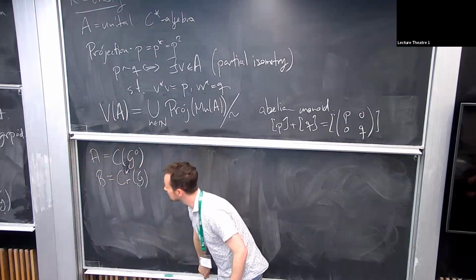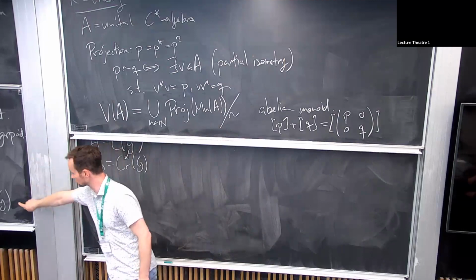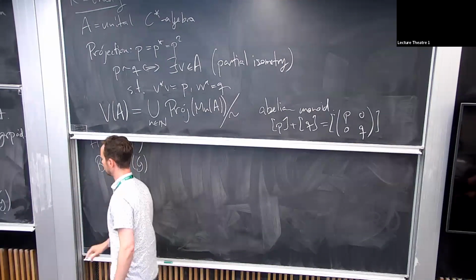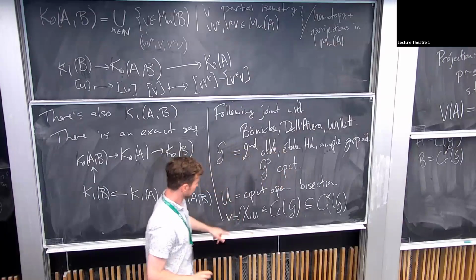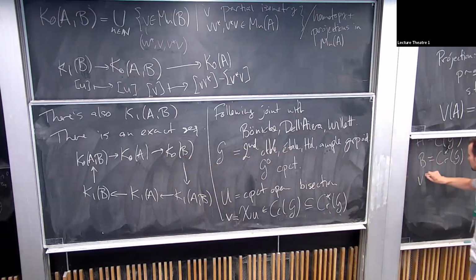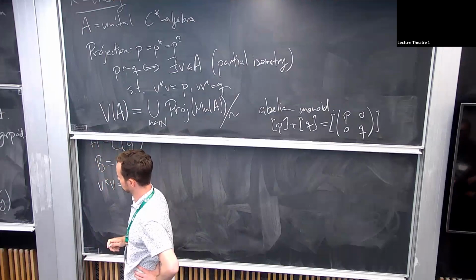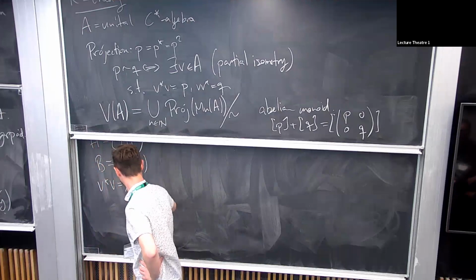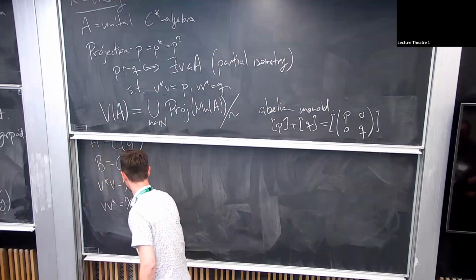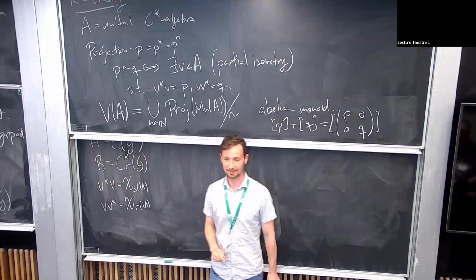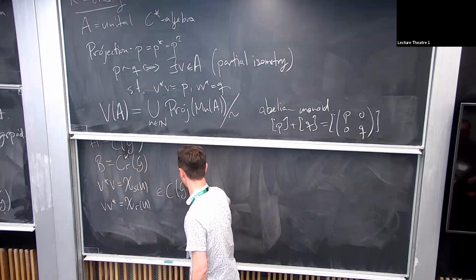If I take this partial isometry, let me call it V, in the groupoid C-star algebra, then V star V is chi of source, and VV star is chi of range. And these both sit inside C of G0.